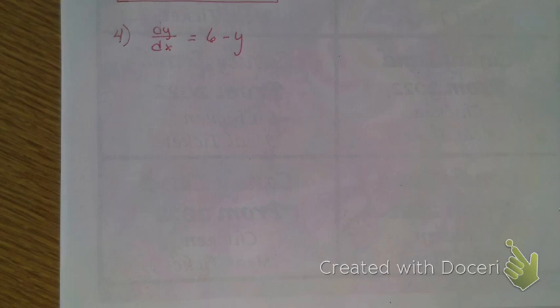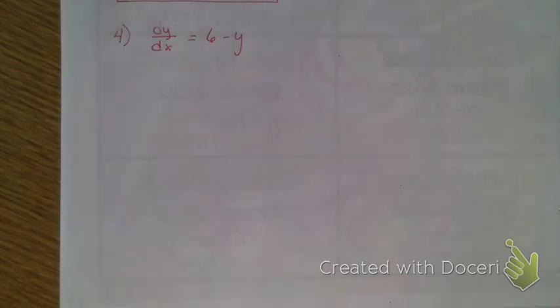Was it 1 through 10 or 4 through 10? 1 through 10. I'm just skipping. Okay, we'll do 2 together. So it's already written dy dx. Some of them are dy dx, some of them are y prime. If it was me, when I wrote it down on my paper, I just put dy dx. It's easier to think about.